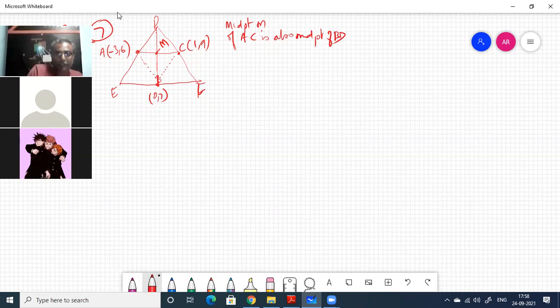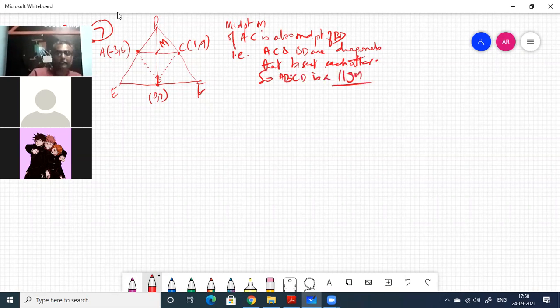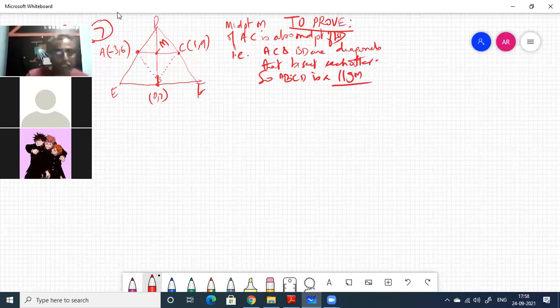That means AC and BD are diagonals that bisect each other, so ABCD is a parallelogram. That's what you'll have to prove. So it is a long sum. Let us take it one by one, little by little.